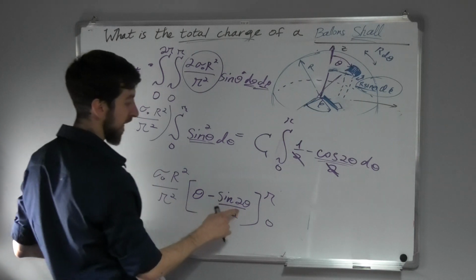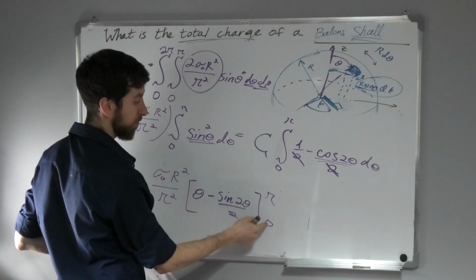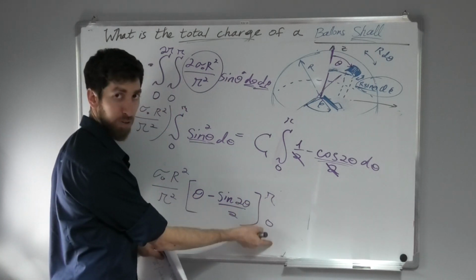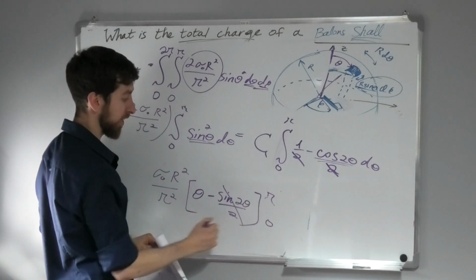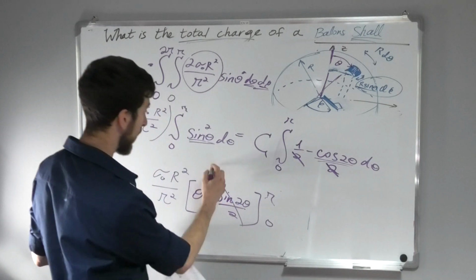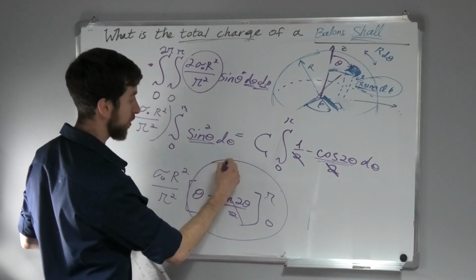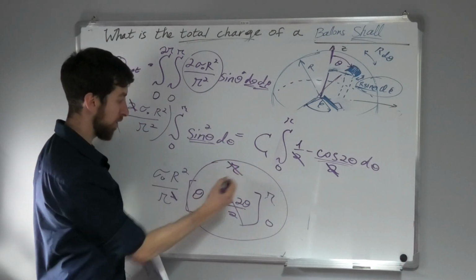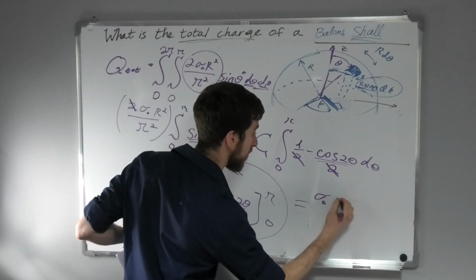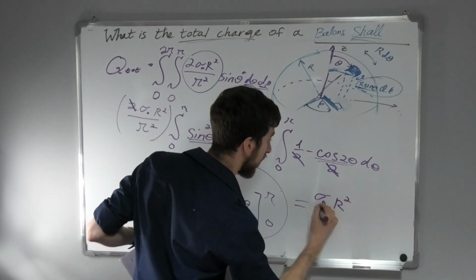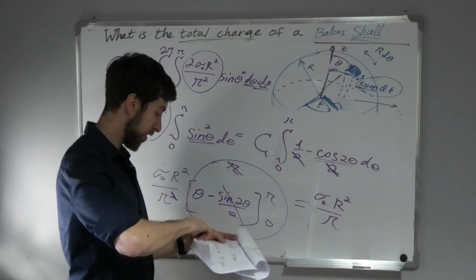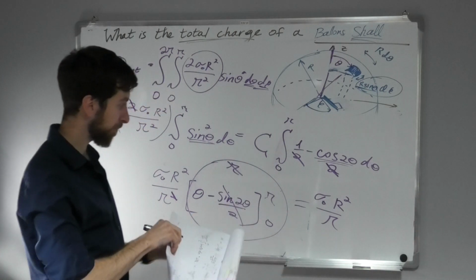And we know that sine gets the same value for 0 and for 2 pi, right? So if we apply 0 minus this one, this is going to cancel out, and I'm going to be left with only pi. So this whole thing equals just pi, and this pi can go along with this pi. So we actually have here sigma 0 r squared over pi. That is the solution. Let's check it to be sure that we are okay.